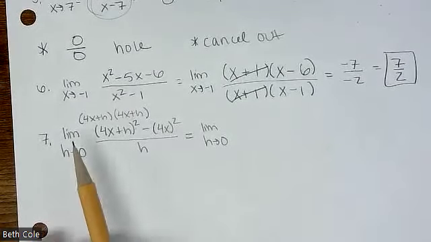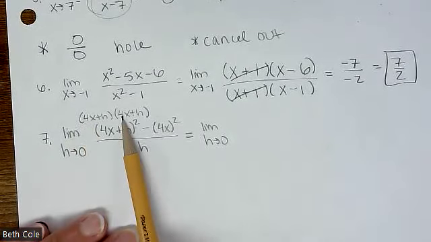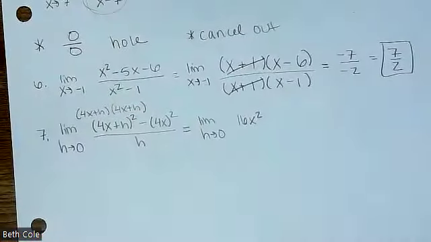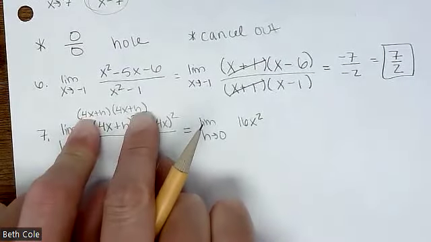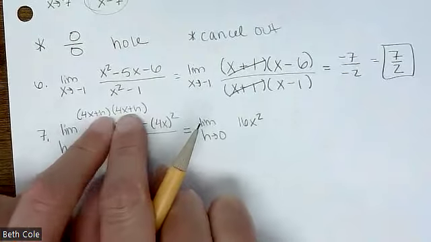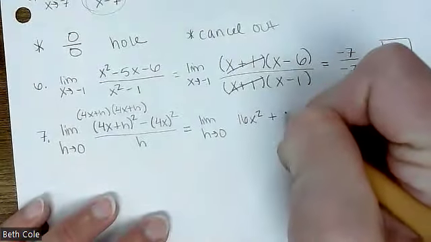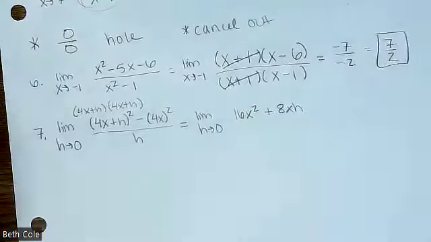All right, so let's multiply these together. 4x times 4x. Good, 16x squared. These are your algebra skills here. The outsides give you 4xh. The insides give you 4xh. So together, 8xh.